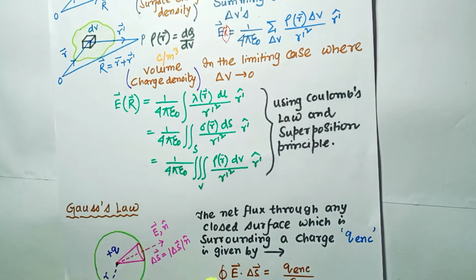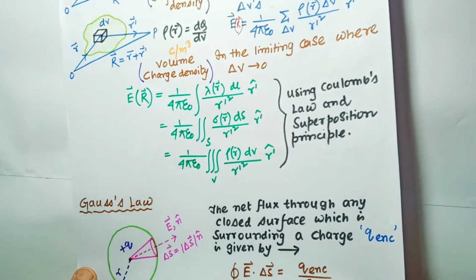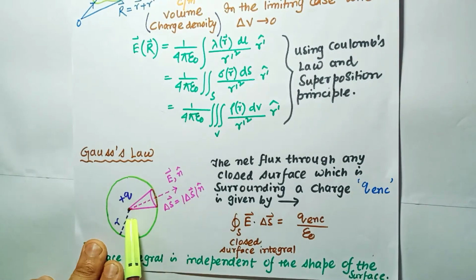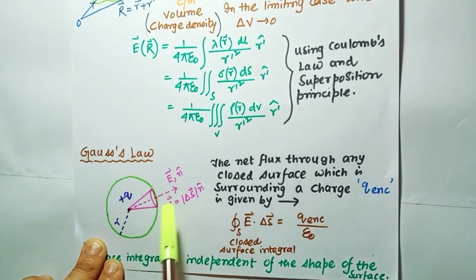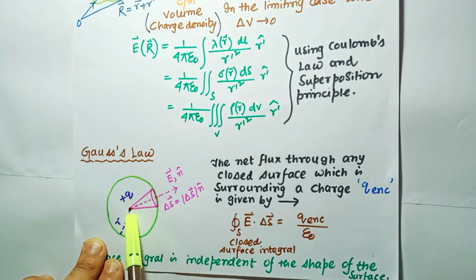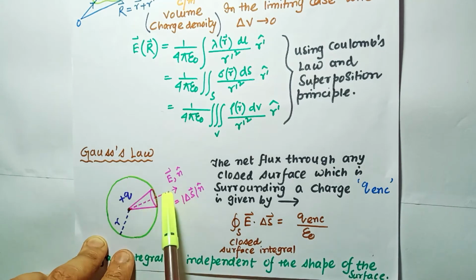So what is this? Suppose at this point a charge q is located, having charge plus q. We consider some imaginary surface here, some sphere in 3D, having the radius r, and the center is at the position of q. The electric field will be homogeneous everywhere from the point charge plus q, and it will be directed outwards.